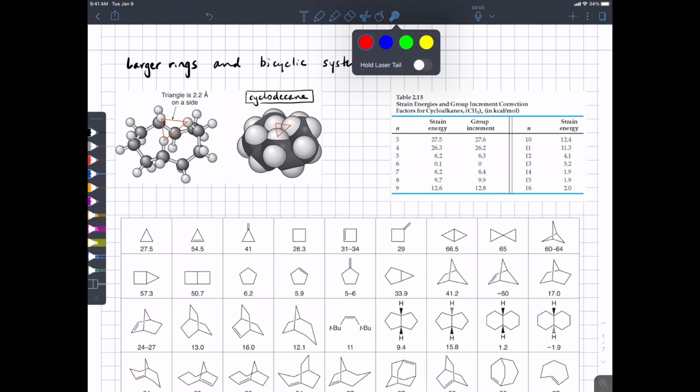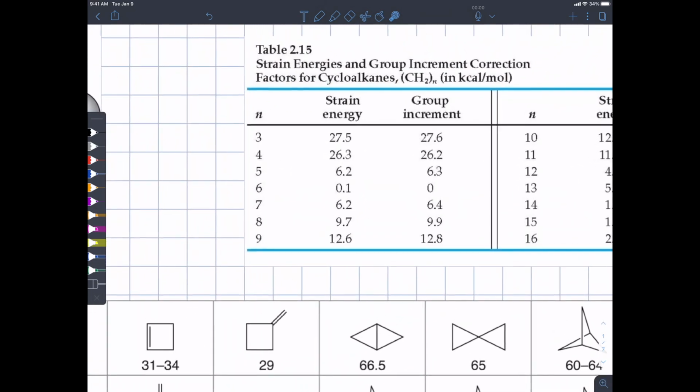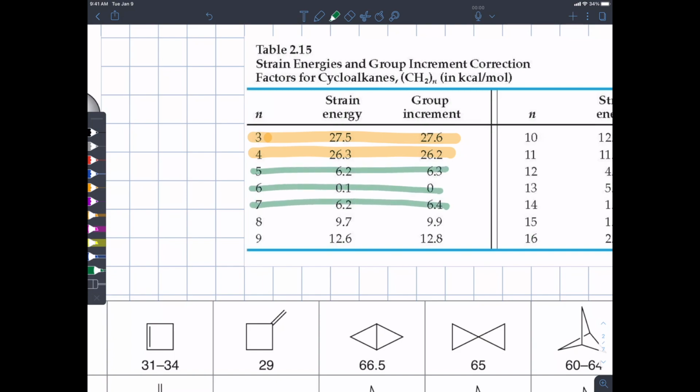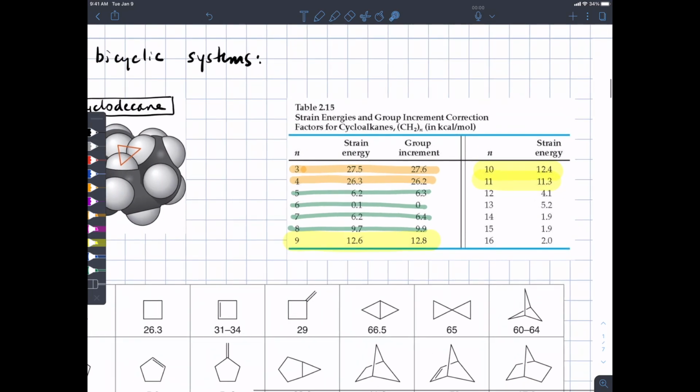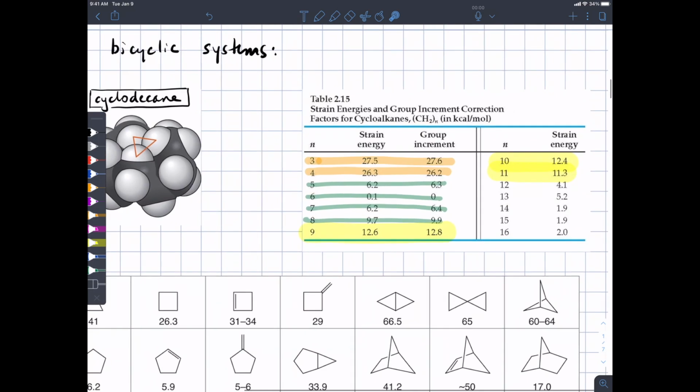One is that as you've looked, we have some type of rings where the strain is pretty high, and then we have other types of rings where the strain is pretty low. And maybe we have some other intermediate strain as we go from 9 to 10 to 11.